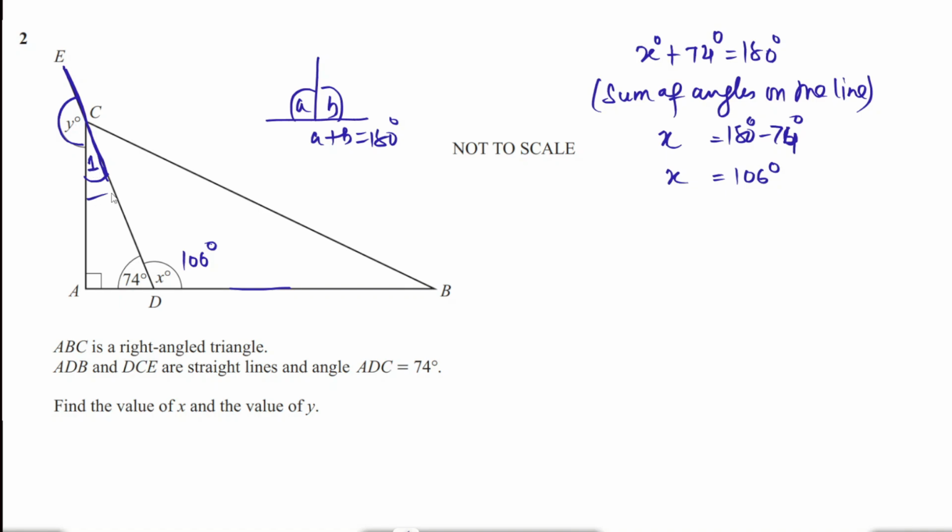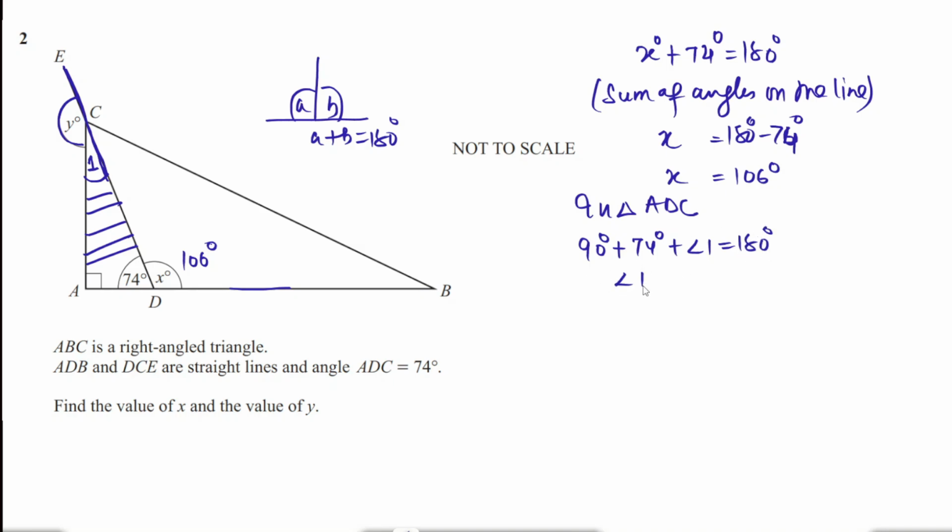Angle 1 lies in this triangle. In this triangle, one angle is 90 degrees, one is 74 degrees, and the third can be found because the sum of angles of a triangle is equal to 180 degrees. In triangle ABC, angle A is 90 degrees, because a box has been made here, plus 74 degrees plus angle 1 equals 180 degrees.